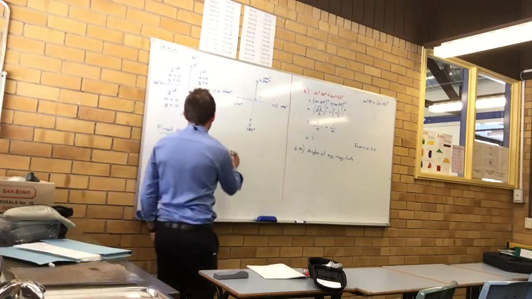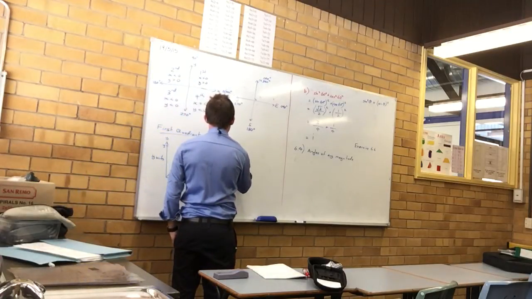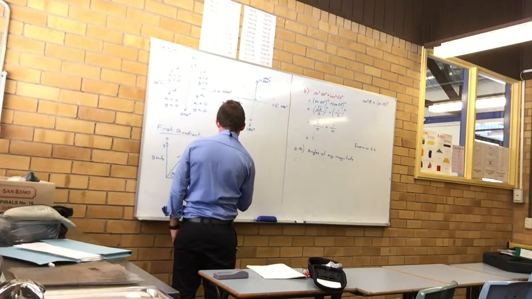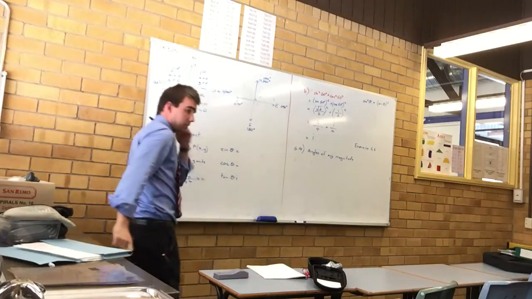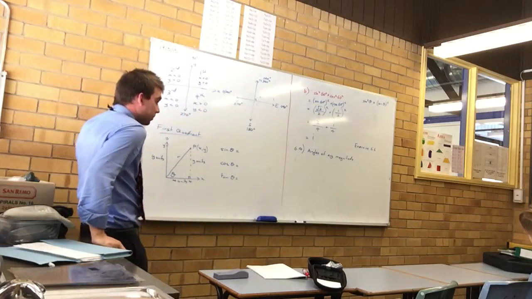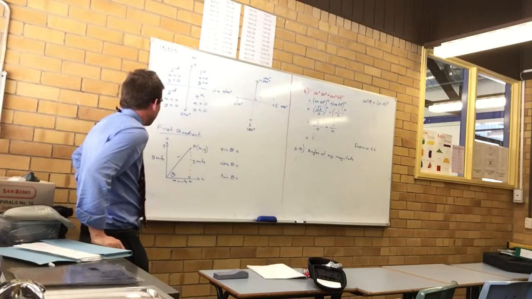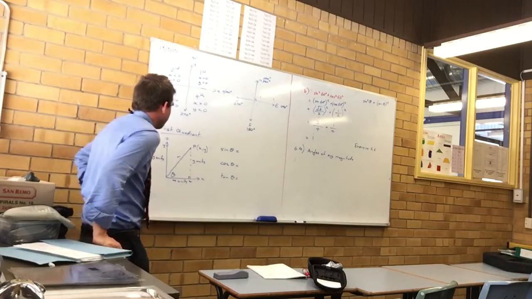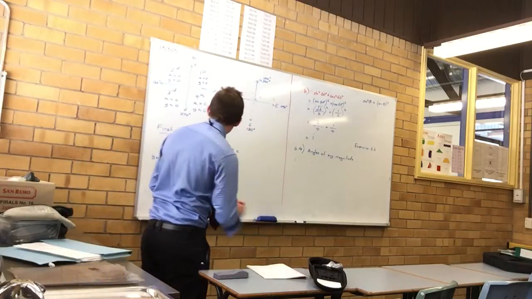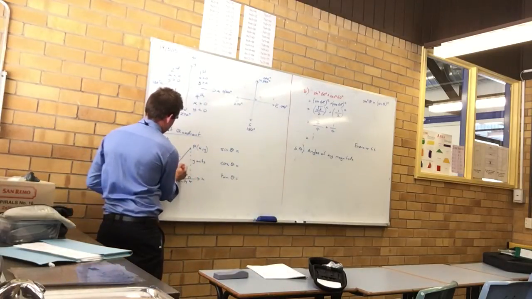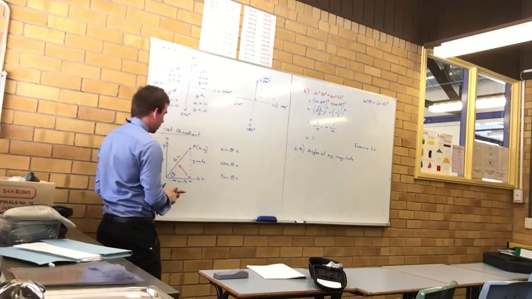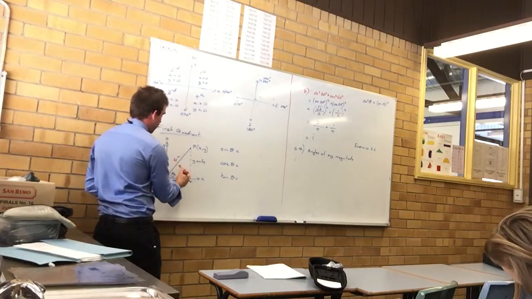So sine theta, cos theta, and tan theta. In my triangle, from the right angle up to the hypotenuse is the point to the opposite side of the hypotenuse.